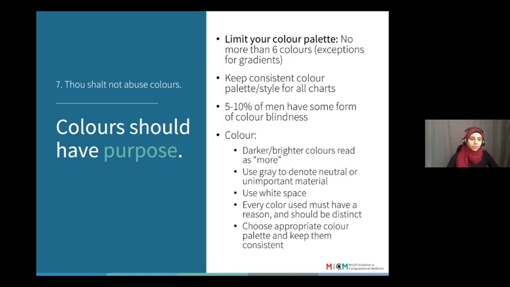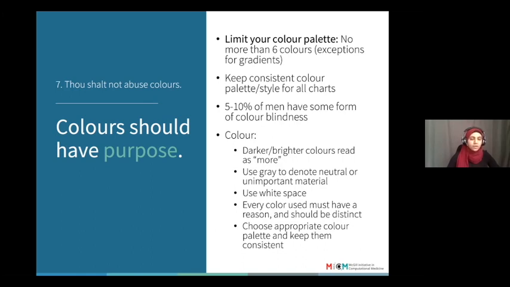Another consideration when choosing colors, sometimes used to differentiate data sets, is to keep in mind that there is a sizable minority of the population, particularly amongst men, who have some form of color blindness. So if you're looking at doing a red-green heat map to look at your gene expression data, perhaps it's worth trying a different color set so everyone can actually read what you're trying to communicate.